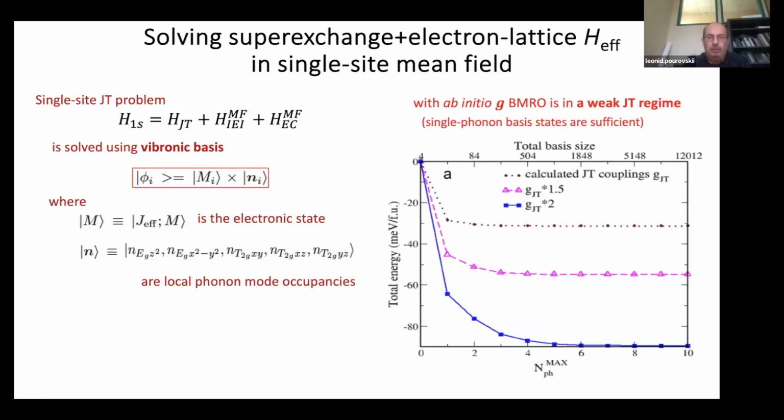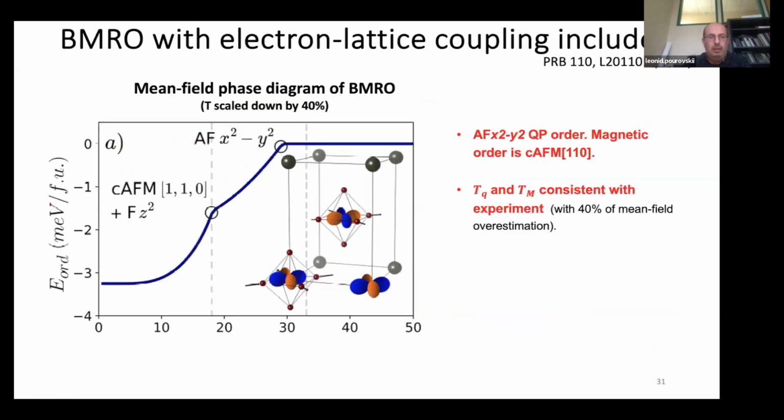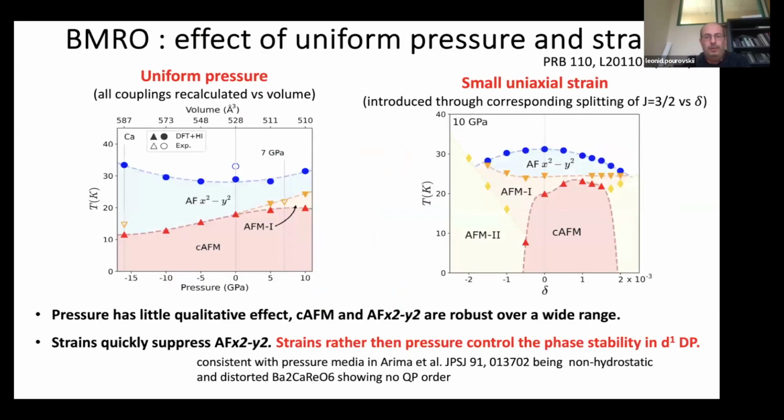This can be solved. I have no time to explain how to do it, but basically with this we find indeed transitions and phases which agree with experiments, so antiferroquadrupolar, and then canted antiferro phase with the net magnetization along 110.